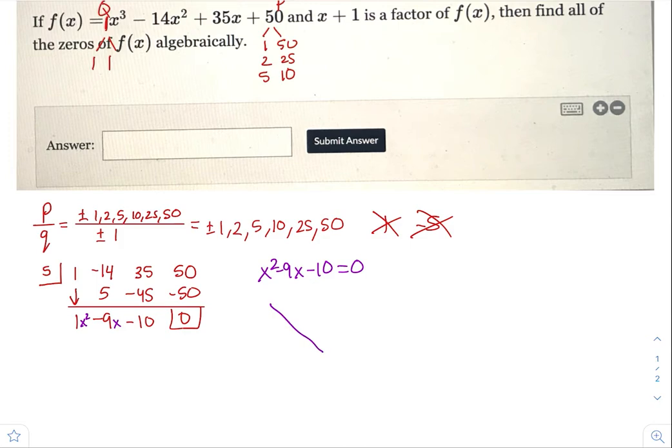Now to find these zeros, you factor. What two things multiply to negative 10 but when added together give you negative 9? Negative 10 and 1. So x minus 10 and x plus 1 is equal to 0. To find your zeros, just set both of them equal to 0 and solve.